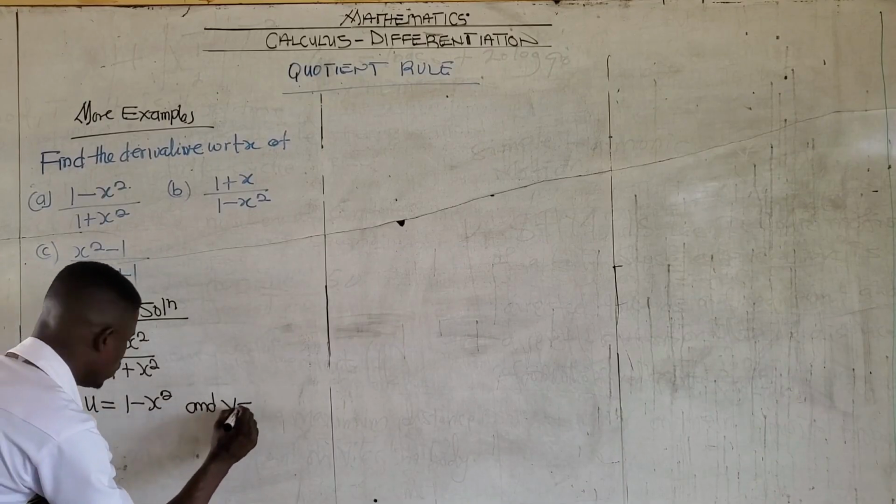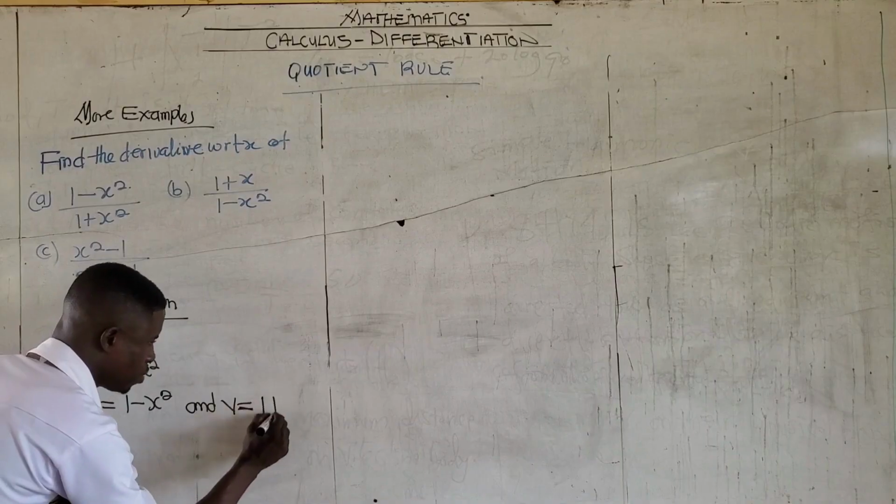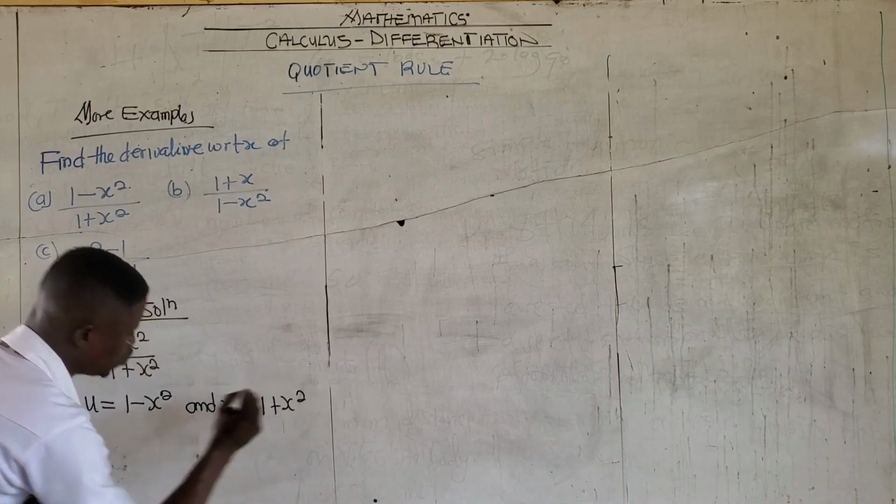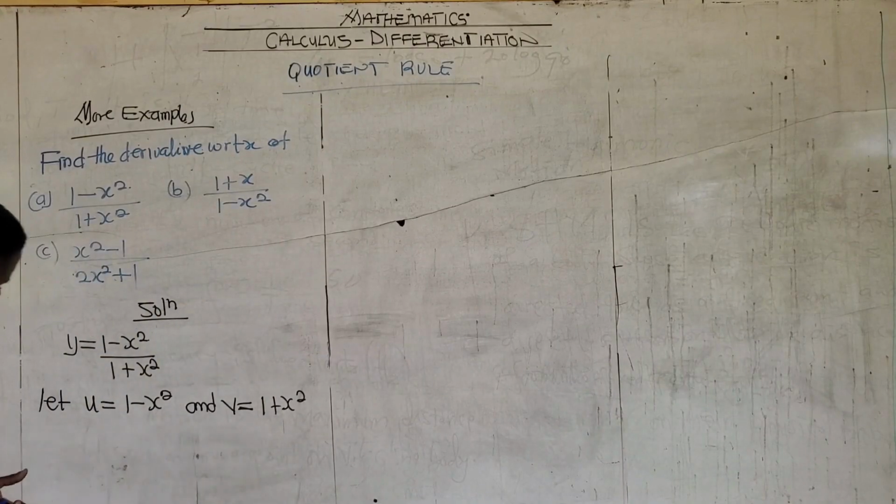After doing this, the next thing we are going to do is to differentiate u with respect to x and v with respect to x.